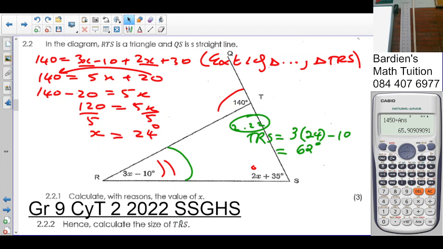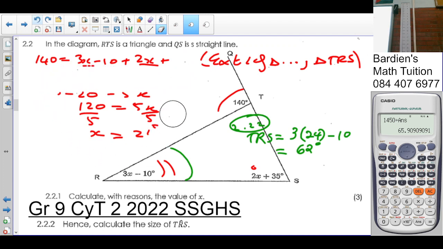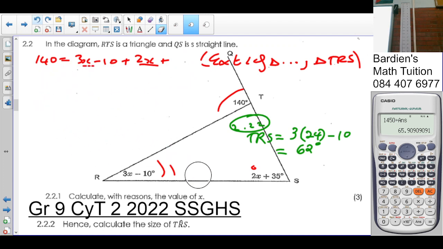It's 2x plus 35. So all of this is wrong. Whoops. My mistake was I wrote 30 here. But no problem. We'll just redo it. So it should be plus 35.